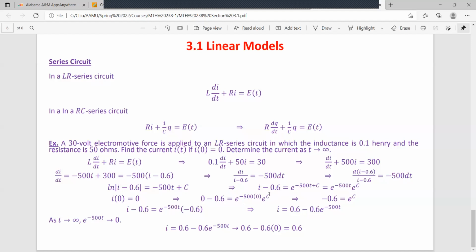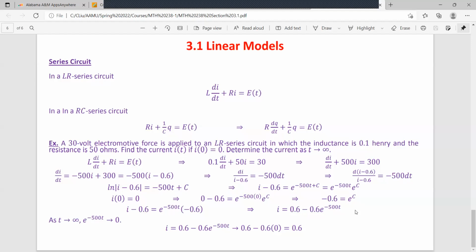You can use c1 instead of e to the c in here. So 0 minus 0.6 is negative 0.6, and negative 500 times 0 is 0, e to 0 is 1. So we get negative 0.6 equals c1, the arbitrary constant.